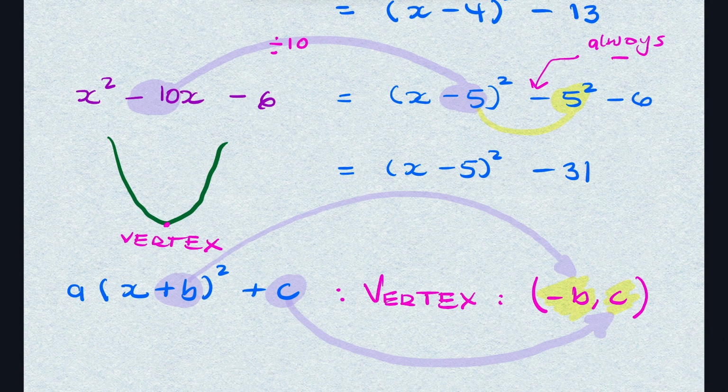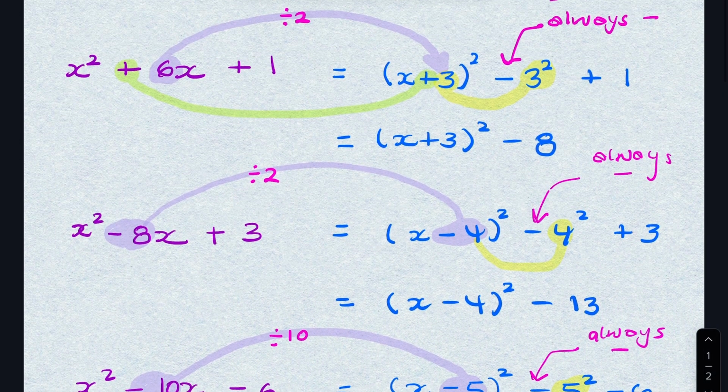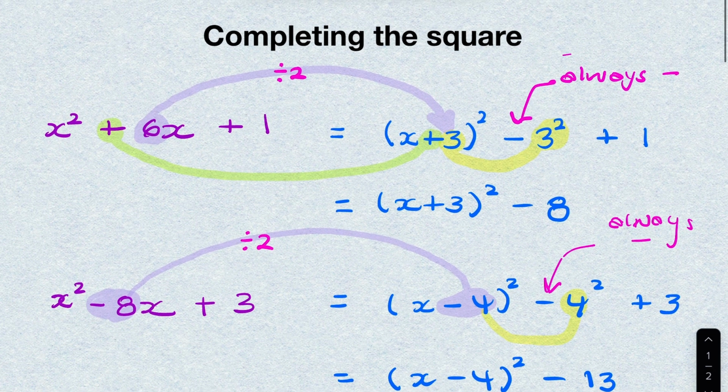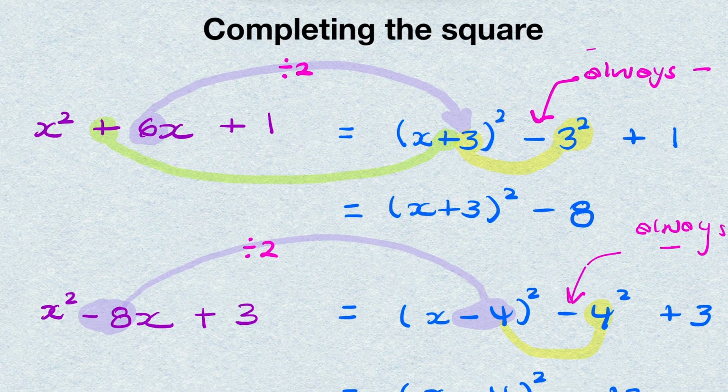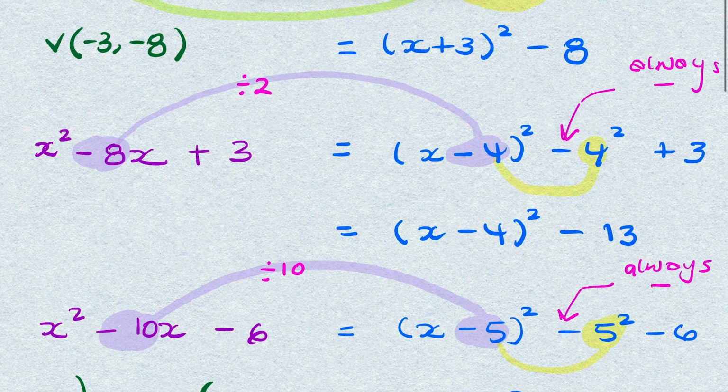So we can go back and find the vertex for each of our examples. So for our first example, the vertex will be at -3, -8. For our second example, the vertex will be at 4, -13.